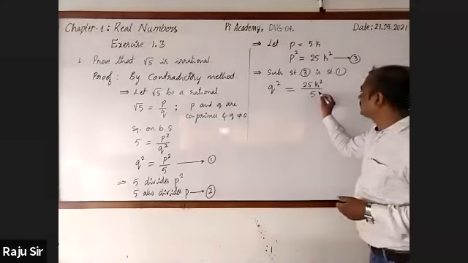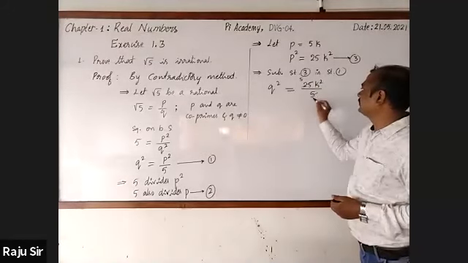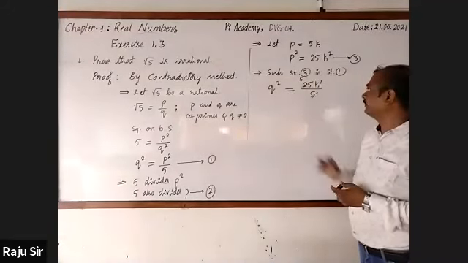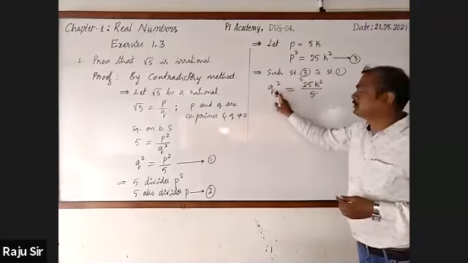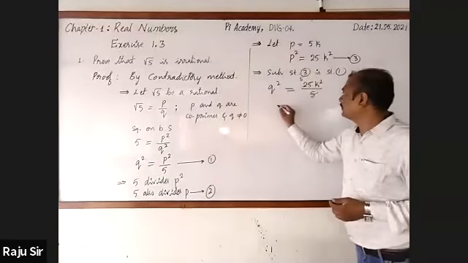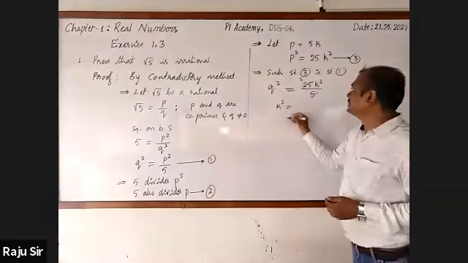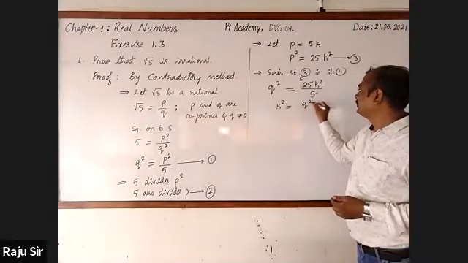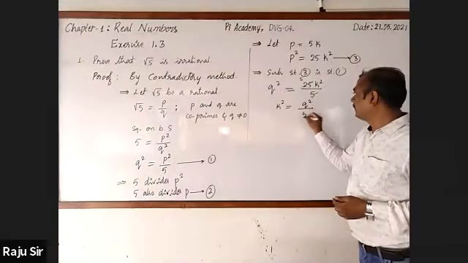You may go for cancelling. 5 ones are 5, 5 fives are 25. 5k square is equal to q square. Let us solve for k square: k square is equal to q square by 5.